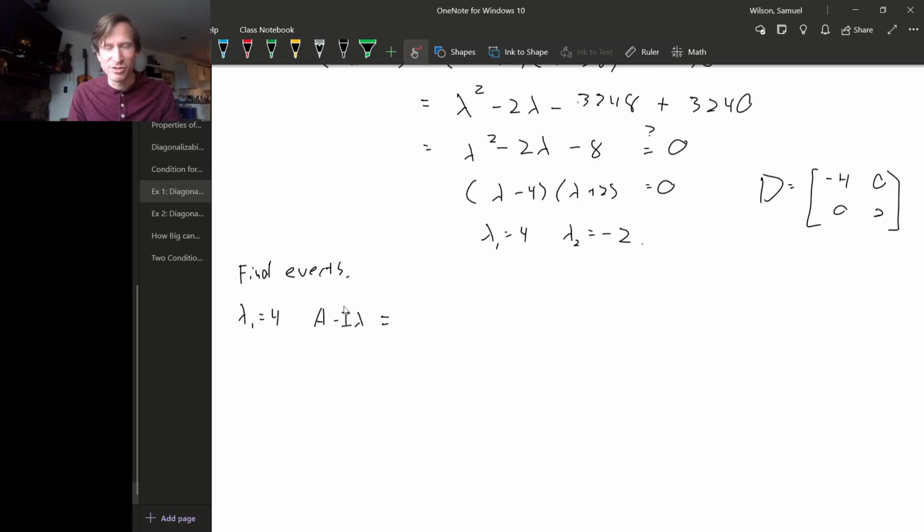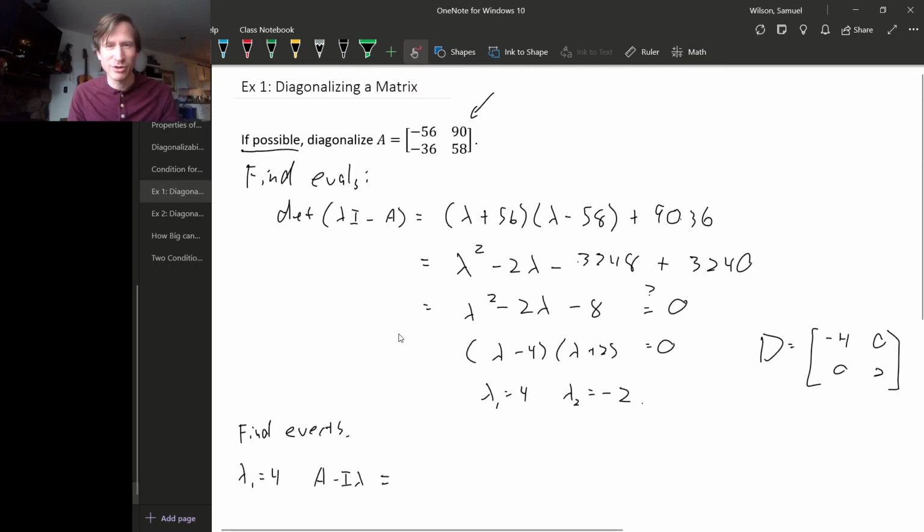Right, we're going to find the null space of this matrix. So let's see. So A minus 4I, so minus 60, 90, minus 36, and I'm subtracting 4, so 54.